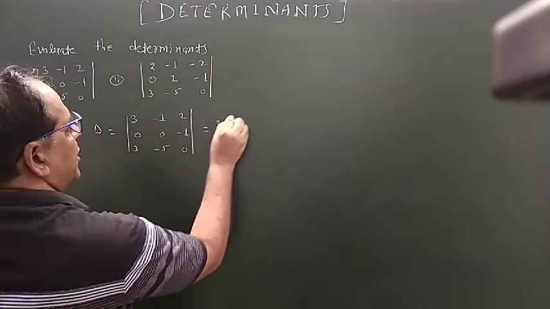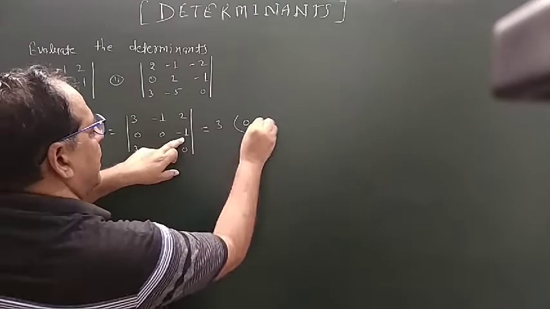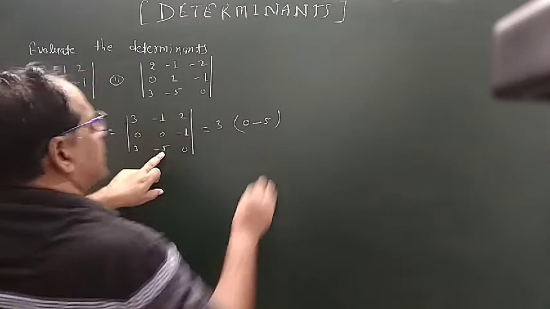So expand with 3 outside. Now 0 multiplied with 0, 0 minus minus 1 multiplied with minus 5, this becomes 5.